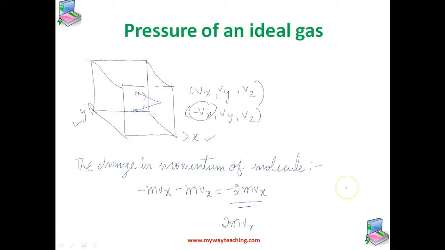So, in a small time interval delta t, a molecule with x component of velocity, that is nothing but vx, will hit the wall if it is within the distance vx into delta t from the wall.